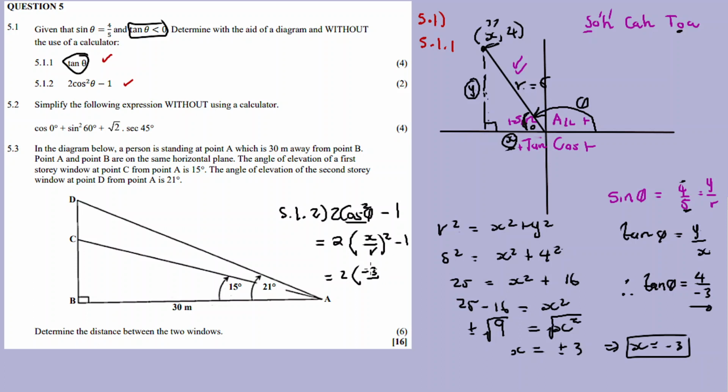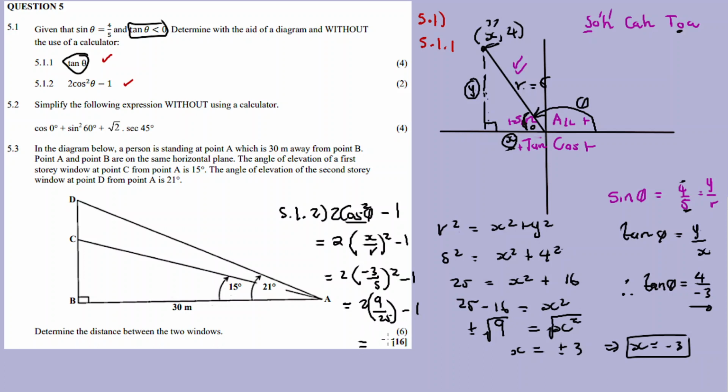What is r? 5. So it is 2 times 9 over 25 minus 1.